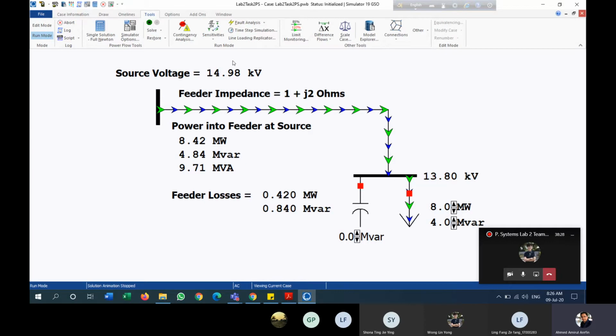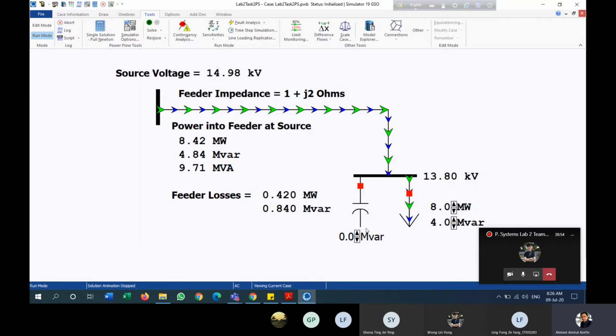What will be the changes here? There should be some changes, because the capacitor will influence the overall network. Now we'll see how it influences the overall network.